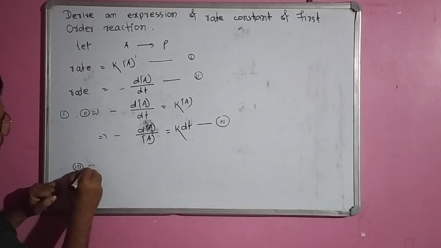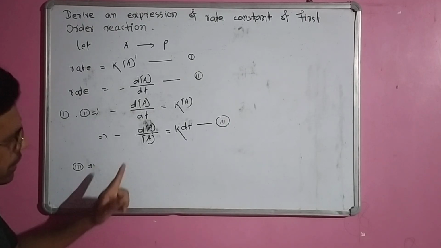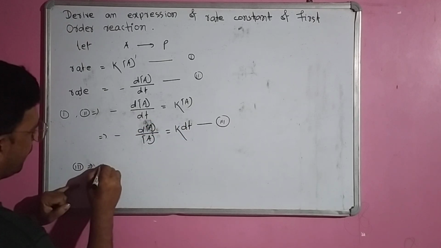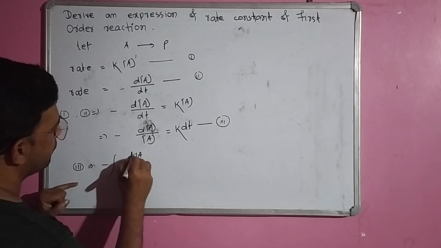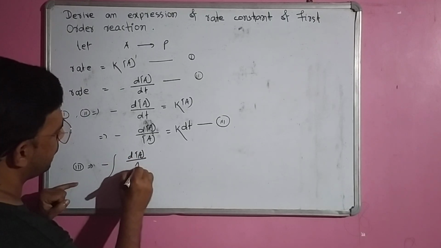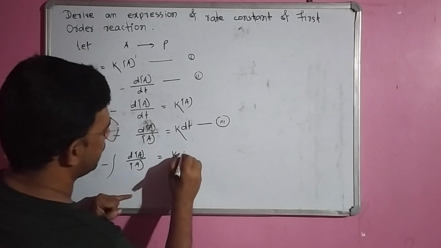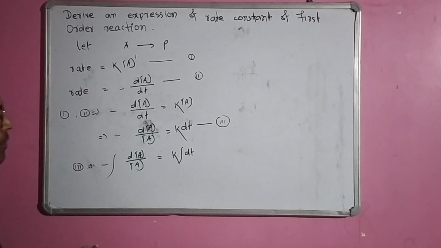Question number 3. Integration of equation number 3: minus integration dA by A is equal to K, a constant, integration dt.